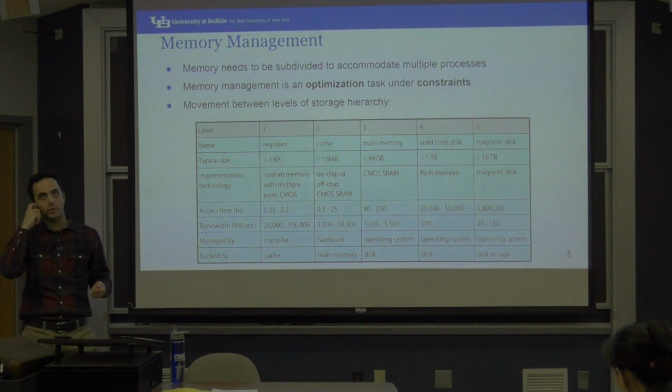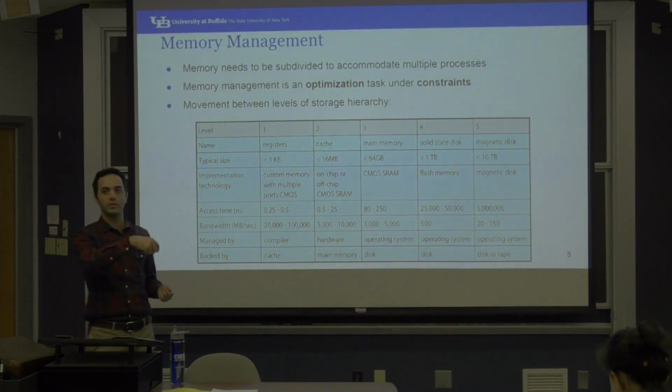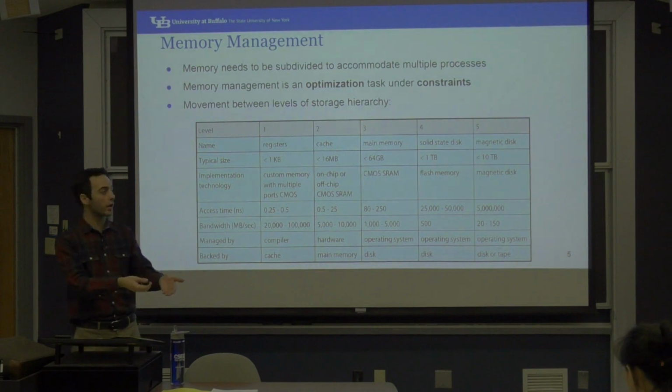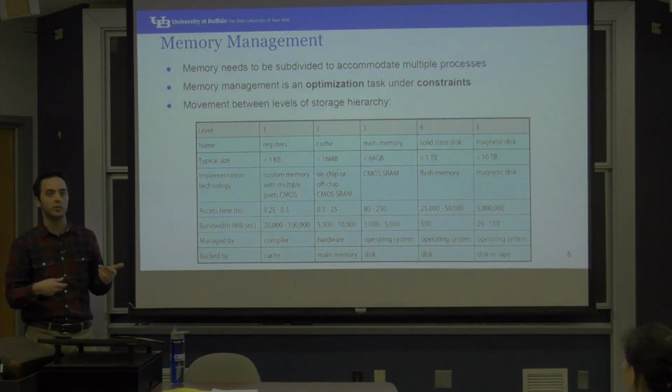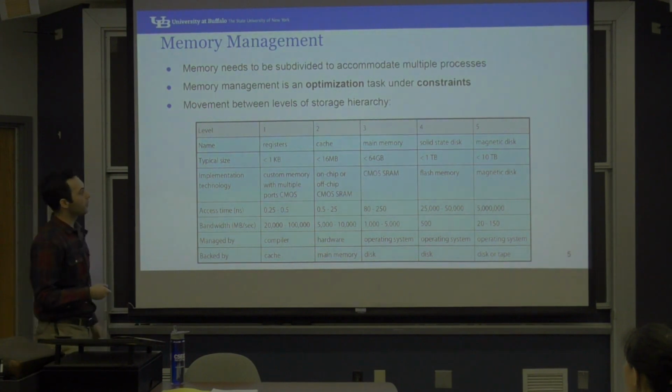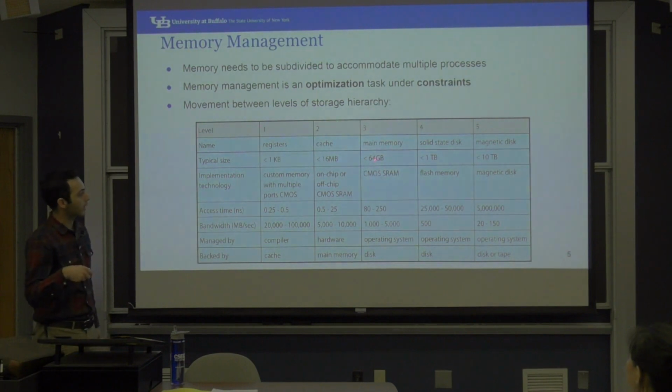There's also another issue with accessing memory and hard disk, which is that they're too slow. On the other hand, we have closer memory, like registers and cache, which the CPU can directly access. Up to here is not much of a concern to the operating system, relatively, but the operating system is responsible for moving data between the levels.